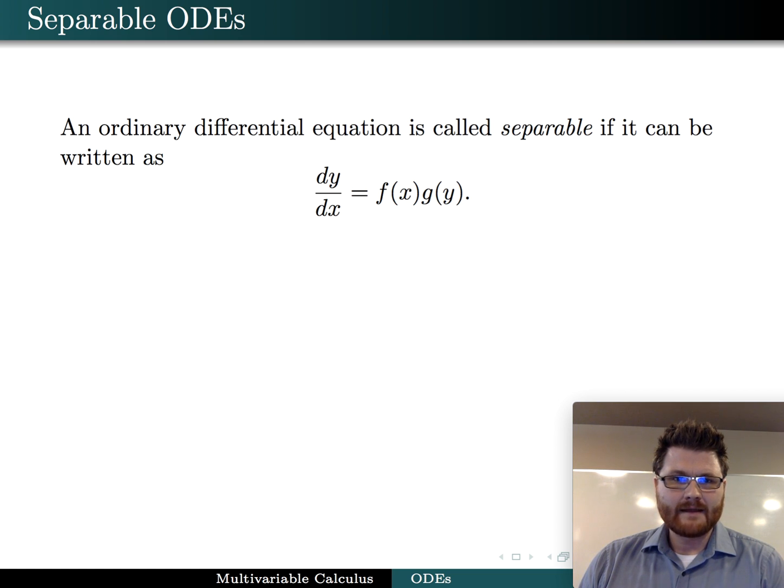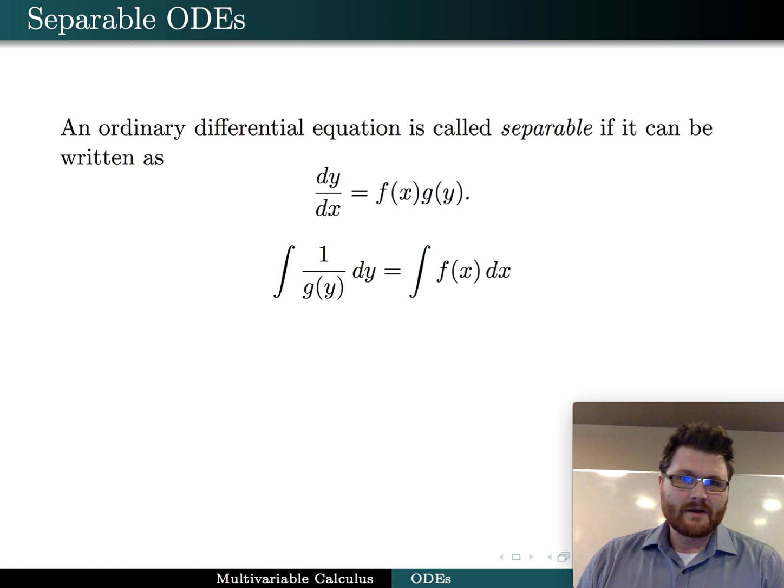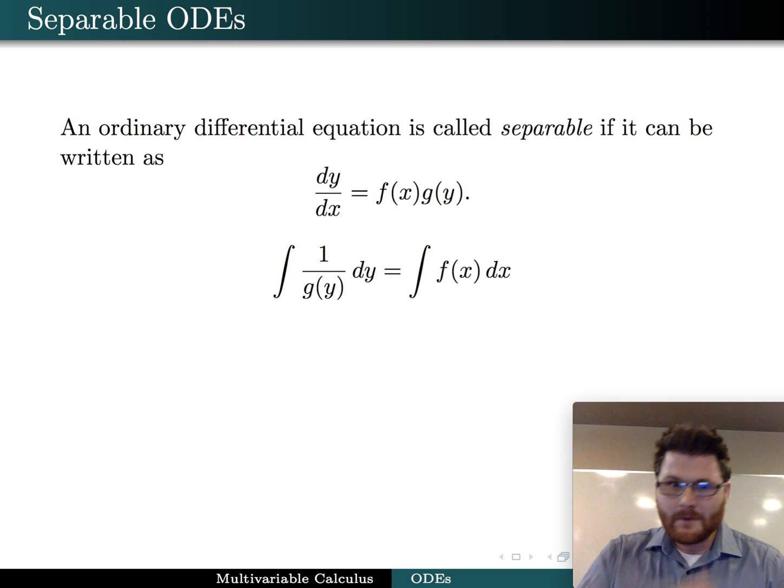If we can do that, then a little friendly abusive notation allows us to move all the y's to one side and all the x's to the other, and then this integral must hold. And then if we can evaluate these integrals and solve for y, we'll have our solution to the ODE.